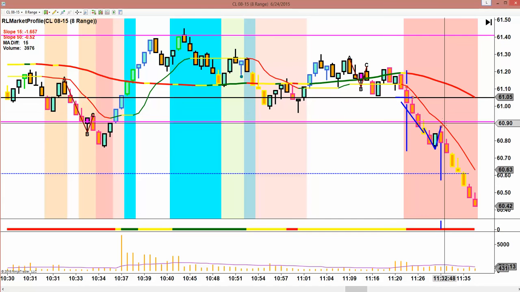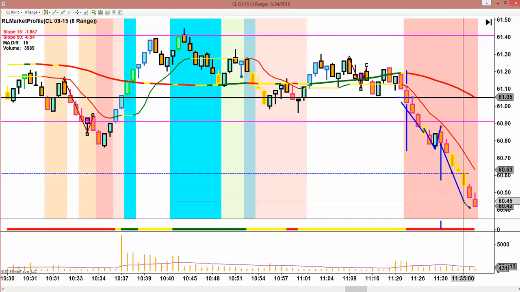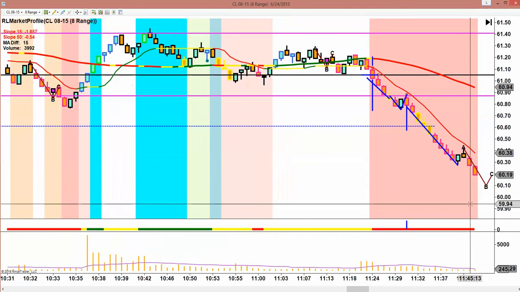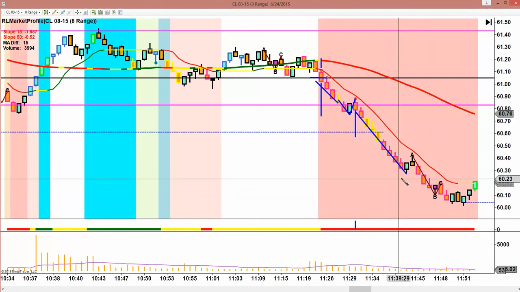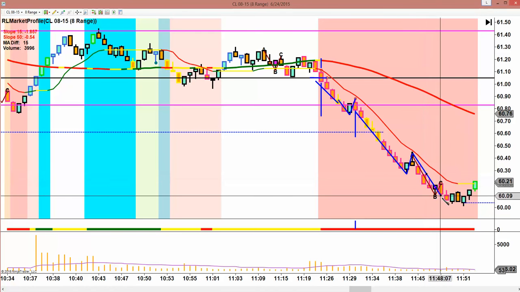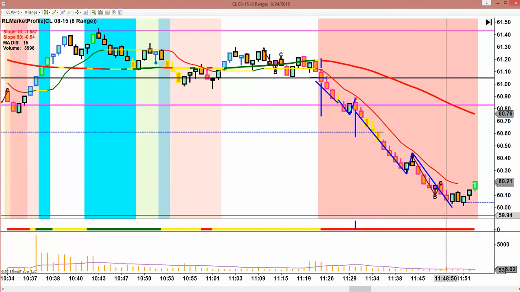But you see what happens when you get below the value area low? This is where the trade just flies. And that's a gigantic trade. Now, this is an oversold trade, but because now you're below that value area low, you have nothing below to stop the trade.